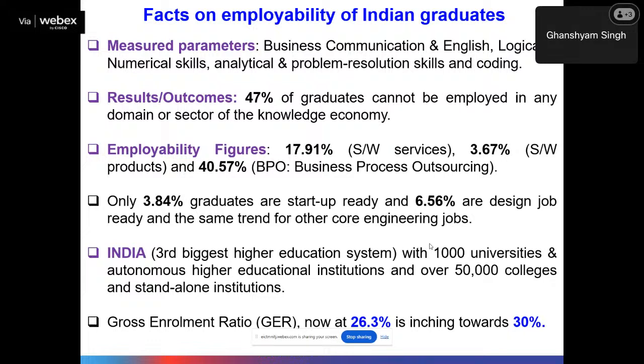And if we talk about the employability figures, only 18% are suitable for software services, only 3.67%, nearly 4%, are good enough for developing software products, and only 41% are good enough to join BPO, which actually is not a recommended job for an engineering graduate. But even then, only 41% of candidates are eligible to join business process outsourcing jobs.